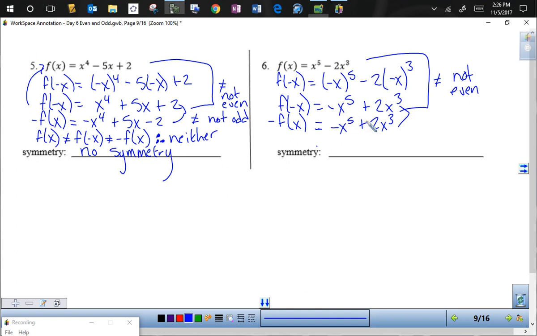Notice that they're exactly the same, so that means our f of negative x was the same as negative f of x, which means for us, odd. Odd always has symmetry. It always has 180-degree rotational symmetry through the origin.